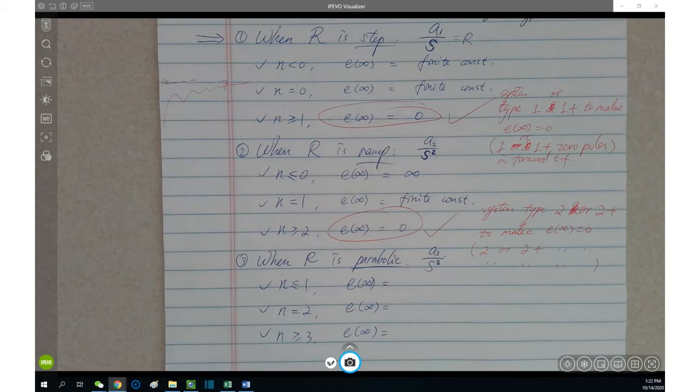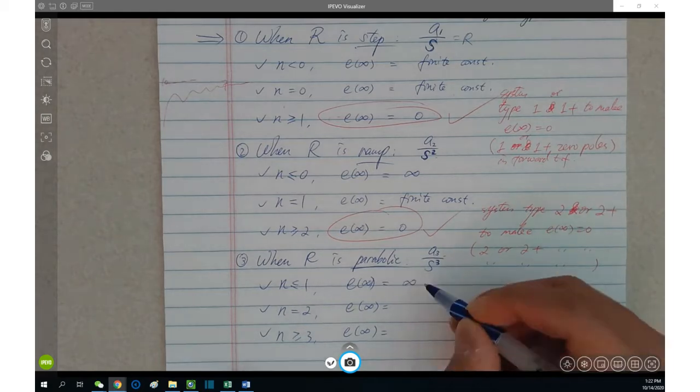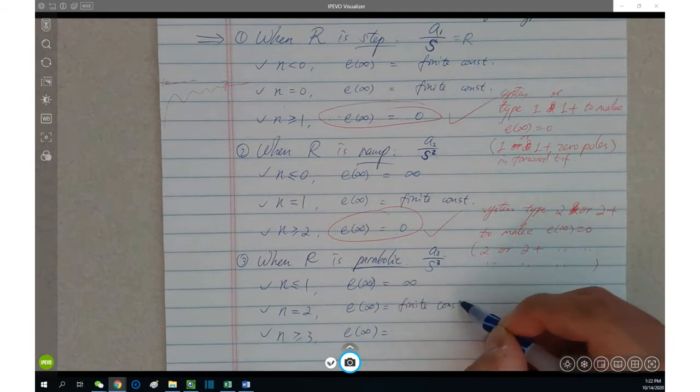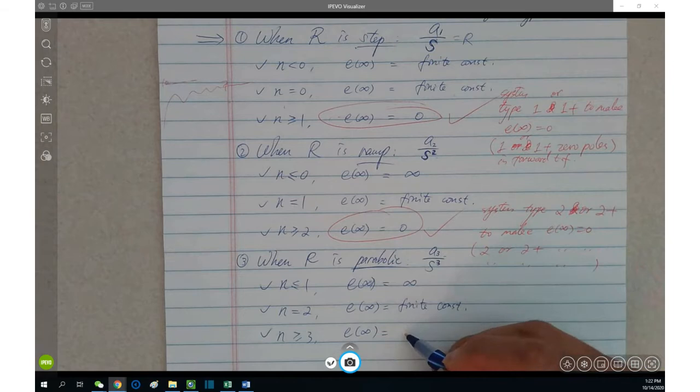So what could be the possible steady state error? Only 3 possible values, right? What are they? Infinity, finite constant, and 0. With the increase of the system type, your steady state error is decreasing.